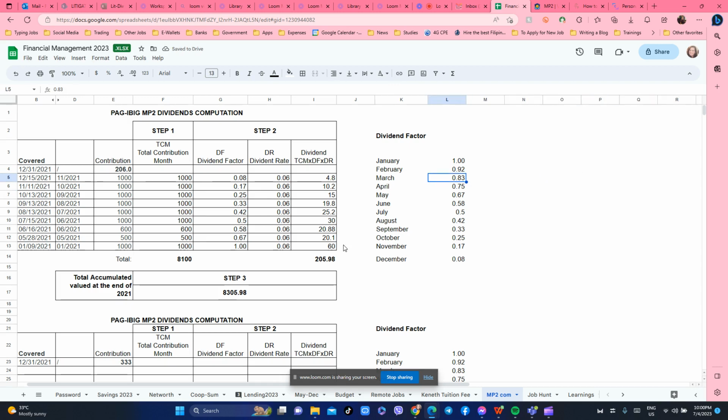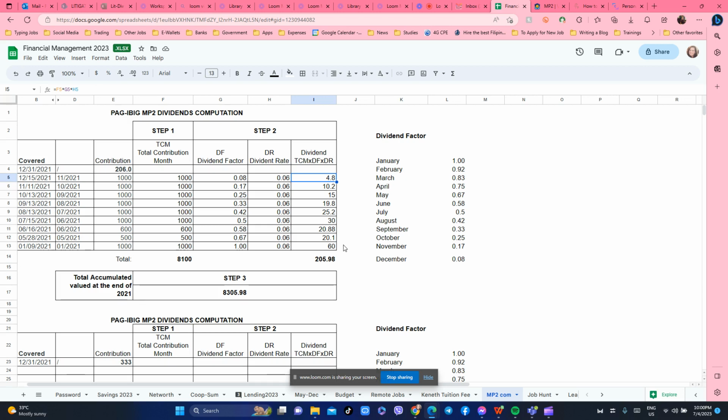So guys, I already provided the dividend factor. I got this from another YouTube channel who computed the dividend factor, and I just give you the summary for the dividend factor from January to December, and you're just gonna put it here in the dividend factor so that this Excel file will automatically compute the dividend.